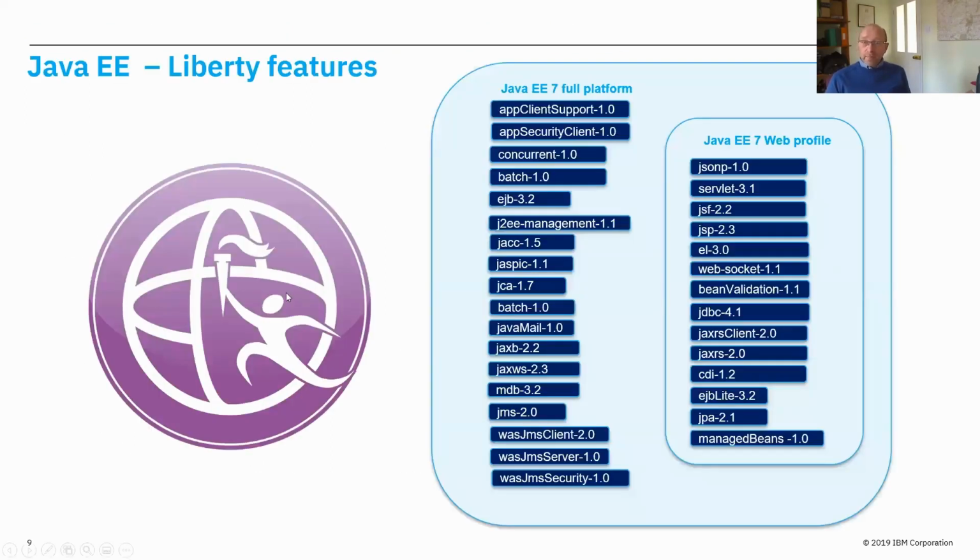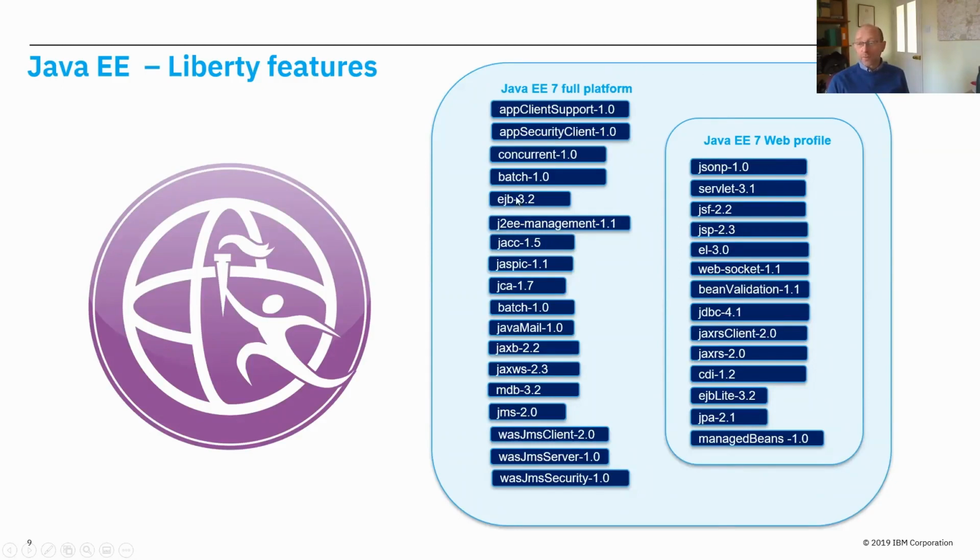So in Liberty, Java EE functionality is made available through features, and they support components of Java EE known as JSRs. And this is the list of Java EE7 features that Liberty supports. And you can see we have a profile called the web profile, which is just a subset of the full platform.